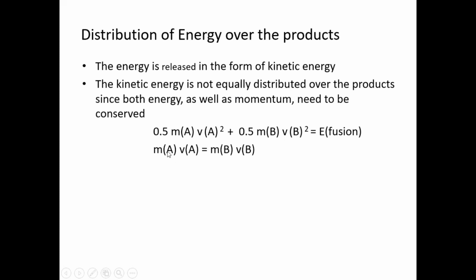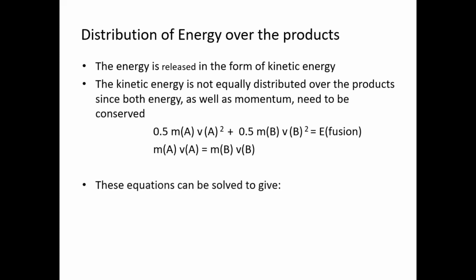Similarly, the mass of A times velocity of A is the momentum of A and must be equal to the momentum of B, the mass of the particle B times the velocity of the particle B. And the directions are exactly opposite.